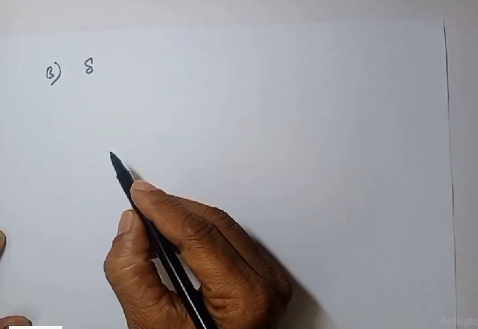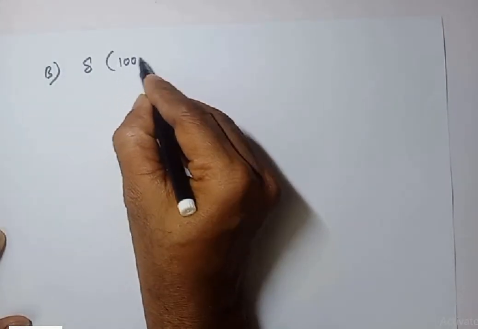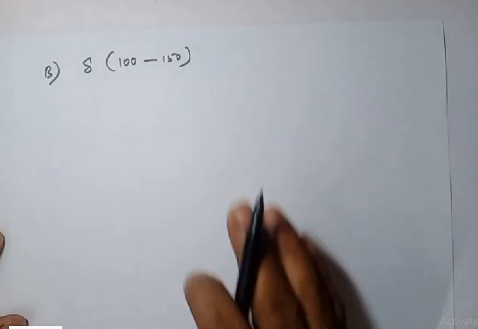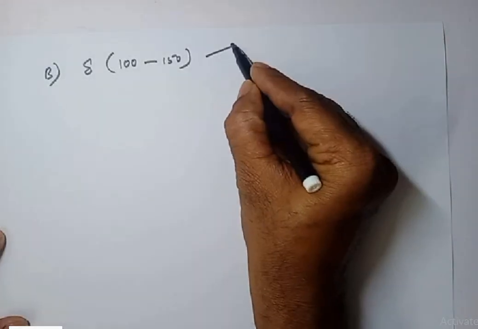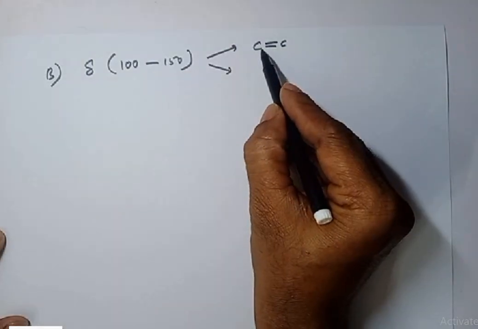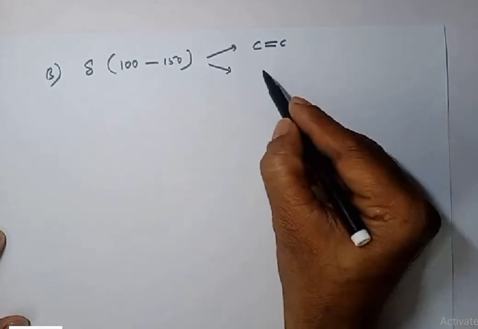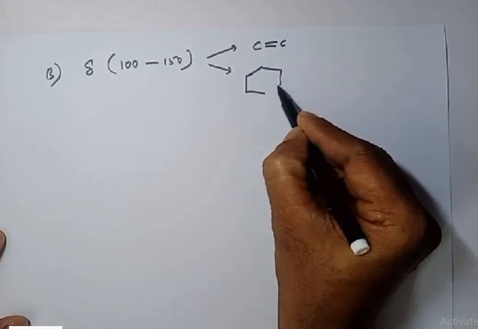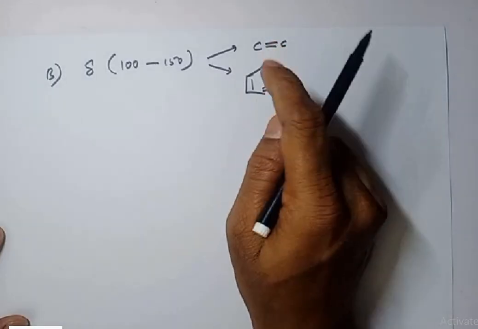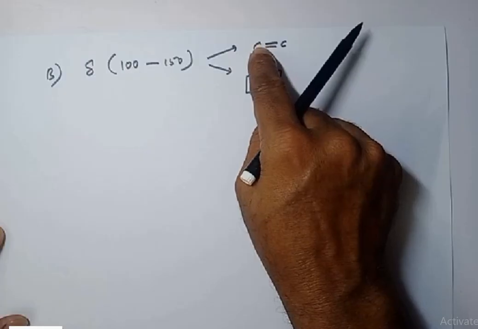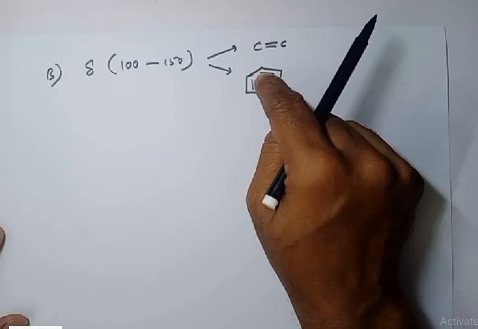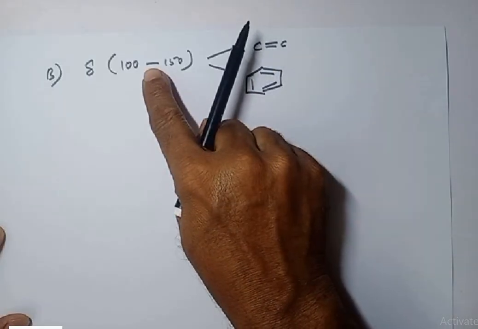The chemical shift range from 100 to 150; beyond 150 we have told you. Now 100 to 150 will give information about carbon-carbon double bonds, that is, the carbon atom present in doubly bonded carbon and the carbon atom present in an aromatic ring, because here also we have double bonds. The carbon atoms of alkene and benzene will usually appear in the range of 100 to 150.